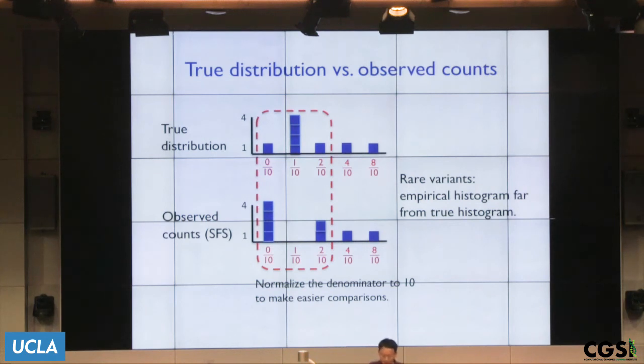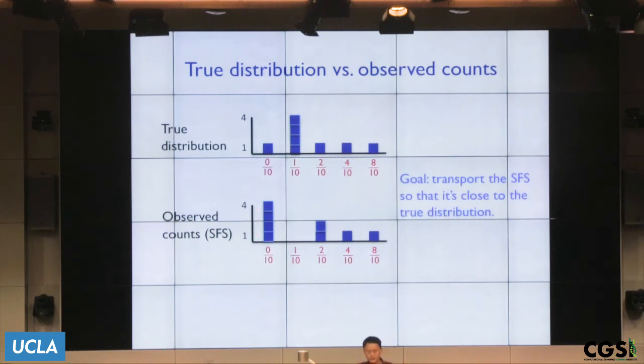So here the goal is that I now have 2 distributions over frequencies of variants. I'm going to define the metric, the Earth mover distance, between these 2 distributions, and formulate this as a transport problem, to take my observed empirical frequency and try to estimate the true frequency.